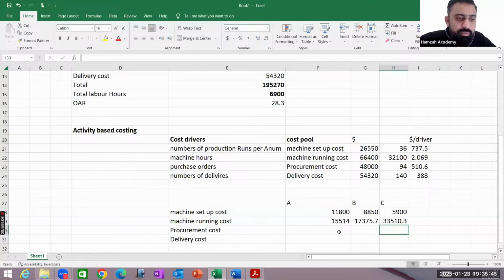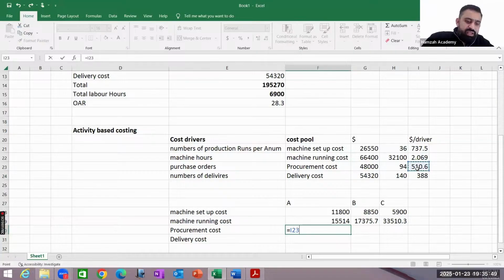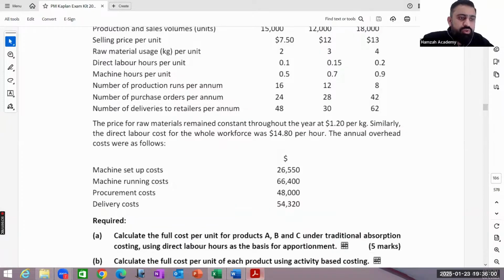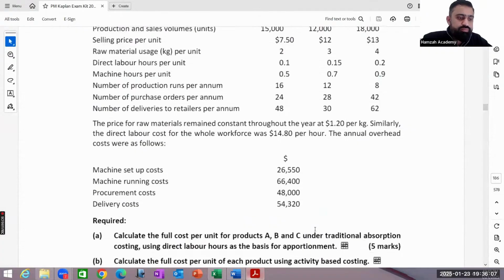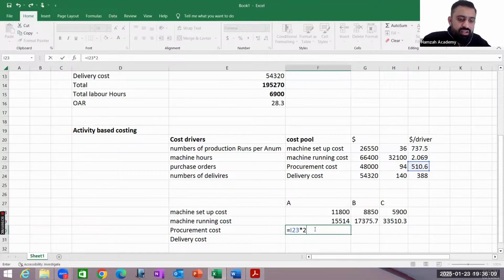Then we have procurement, that is 510.6, and if you remember, the number of purchase orders were 24, 28, and 42. So 510.6 per order into 24 for product A. Then for B, into 28.